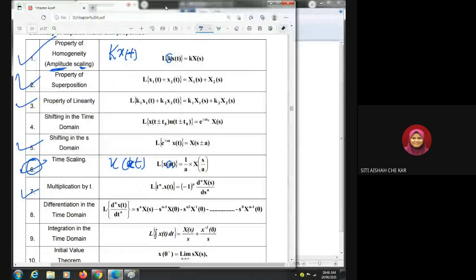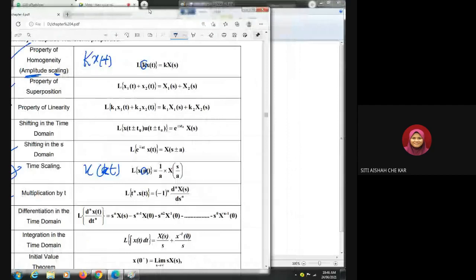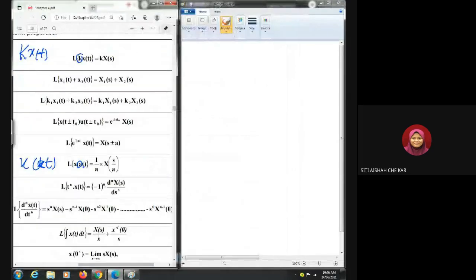Okay, what the property said is when we have x(t), when we want to Laplace the x(t), the L ni symbol for Laplace.